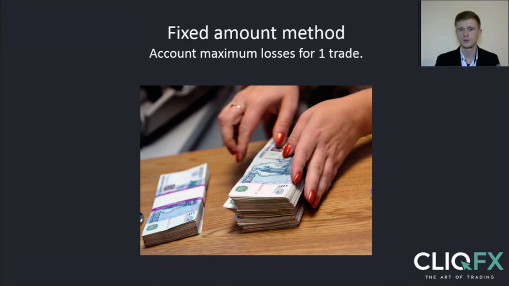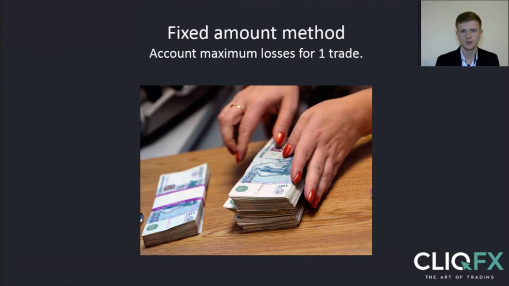So you divide the $200 by the quantity of points, and you understand what lot or volume you need to enter the position to lose a maximum of $200.